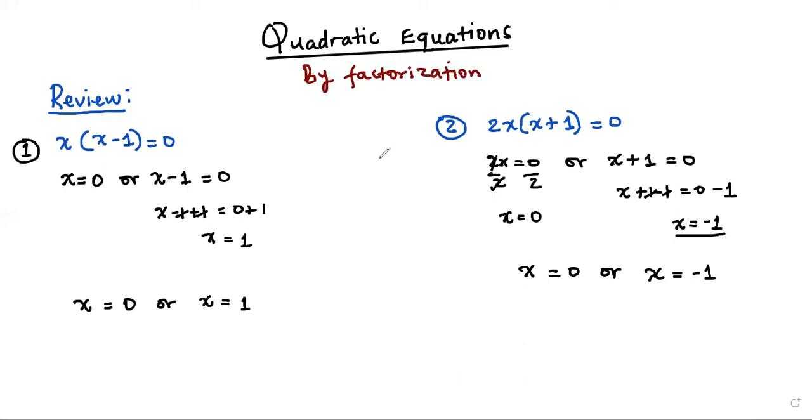Already what we looked at last time, like number 1 and 2, they are in factored form. But now let's look at the lesson of today. In case we are given quadratic equations that are not in the factored form, how can we solve them?